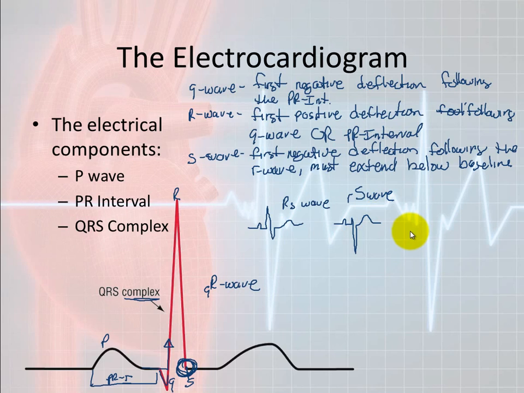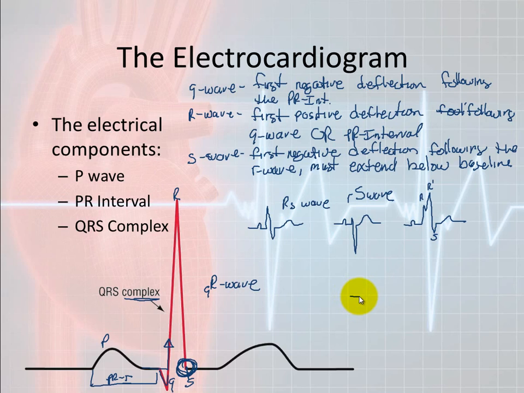You could also have, when you get into bundle branch blocks, a P wave and you could have it go up, down, and then up again, and then back down here, and then right here, there's your T wave. So this would be an R prime S wave.